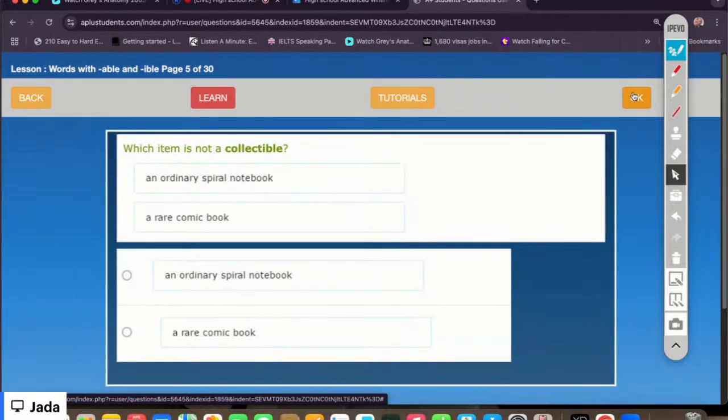Okay, so which item is not a collectible? An ordinary spiral notebook or rare comic book? What do you think?